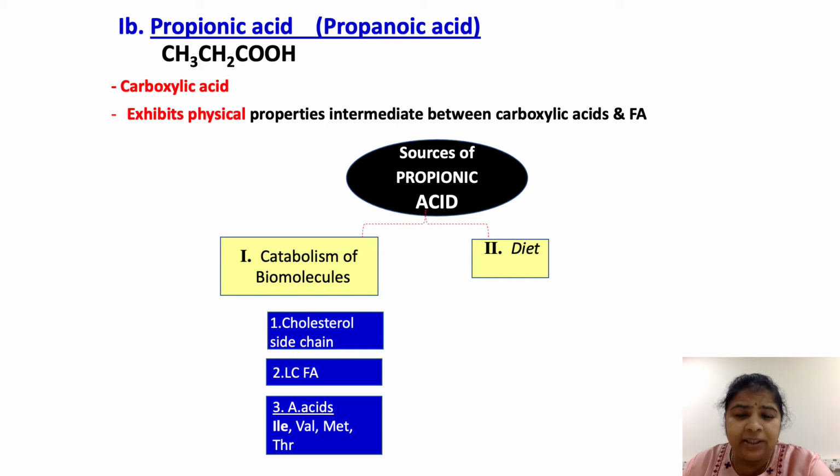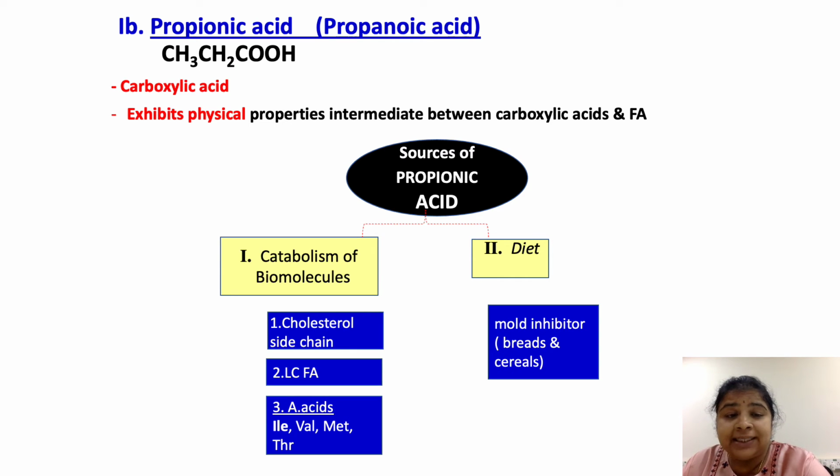You must be knowing the steps. Now, we do get some amount of propionic acid through diet because it's present in the mold inhibitor that is used while preparing breads and cereals.